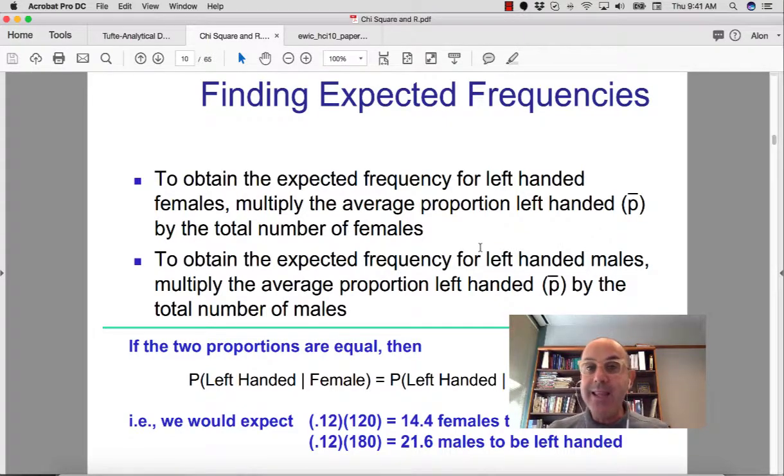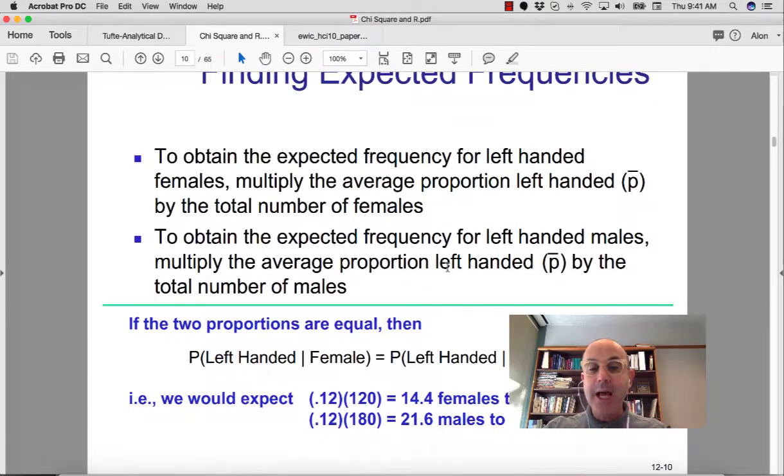So finding the expected frequency is the trickiest part, and something I want you to focus on, because this is where things get a little bit more complex. To obtain the expected frequency for the left-handed females, we multiply the average proportion left-handed by the total number of females, and we do the same thing with males.